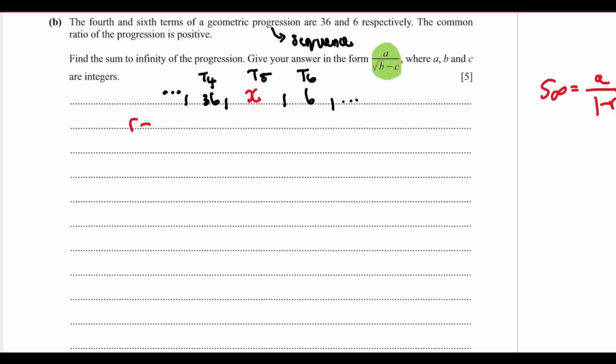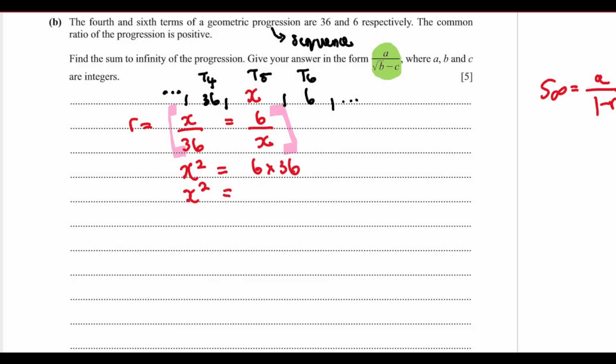So r would be, in this case, x divided by 36 or 6 divided by x. But we don't have that x, but we have this little equation now. So let's use that. So I can cross multiply.